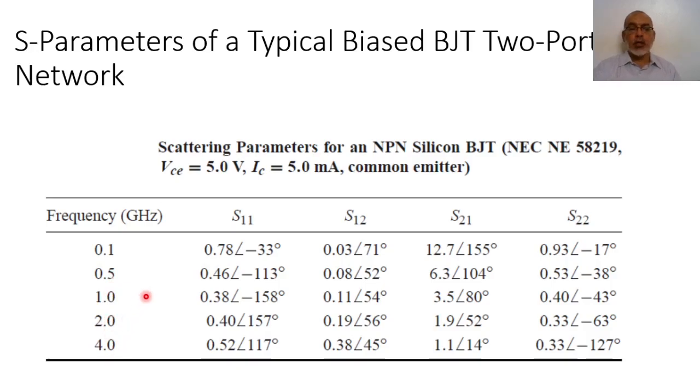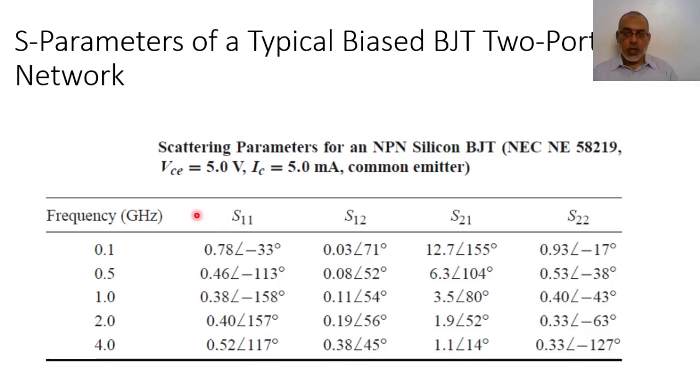It can be noted here that the magnitude of S11 and the magnitude of S22 are not 0. This means that the bipolar junction transistor by itself is not matched. These S parameters are measured assuming that Z0 is 50 ohm.